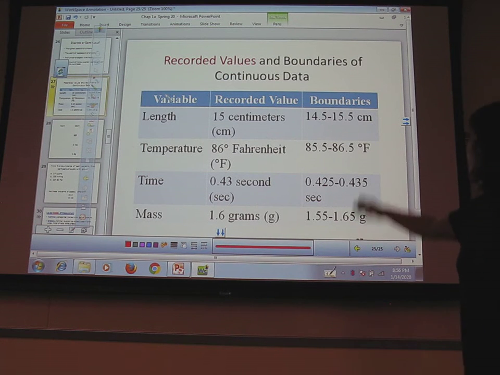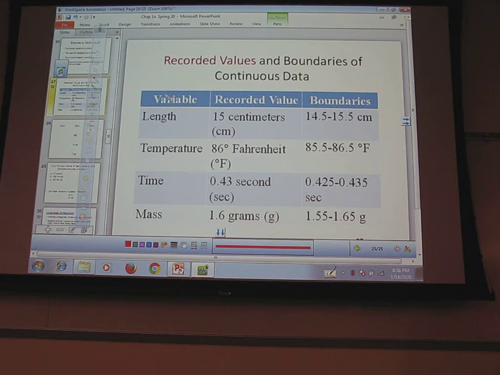So we're going to talk a little bit about recorded values and boundaries. Say I have a measuring stick that only has whole centimeters. If I'm looking at 15 centimeters, I would call 15 centimeters anything from 14 and a half centimeters to 15 and a half centimeters. Do you see what I'm saying? So here's 15, here's 14.